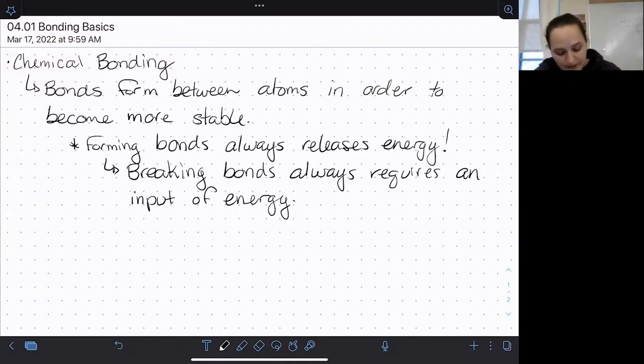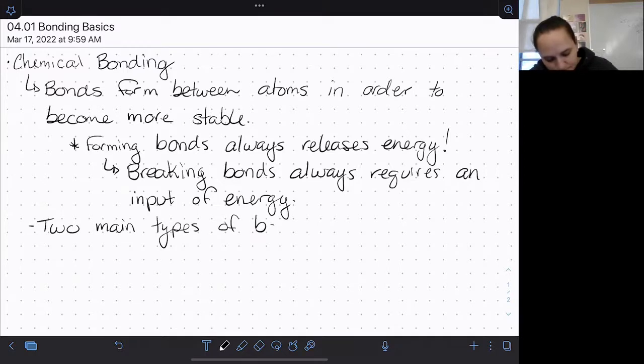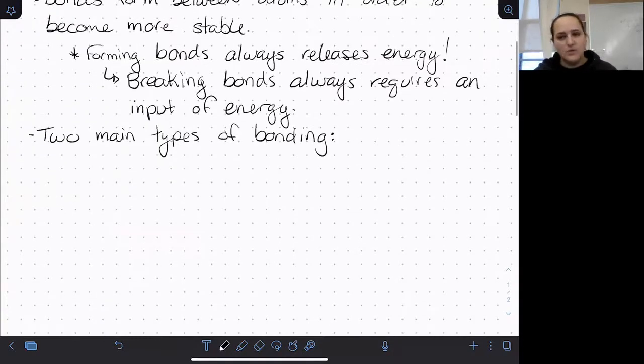But there are two main types of bonds that we're going to be talking about in this unit. Depending on what types of elements are involved, you tend to get one or the other. So the first one is ionic bonding.